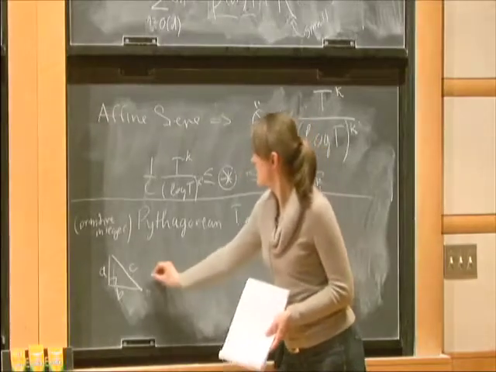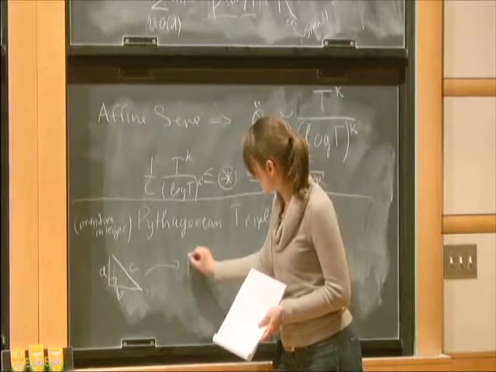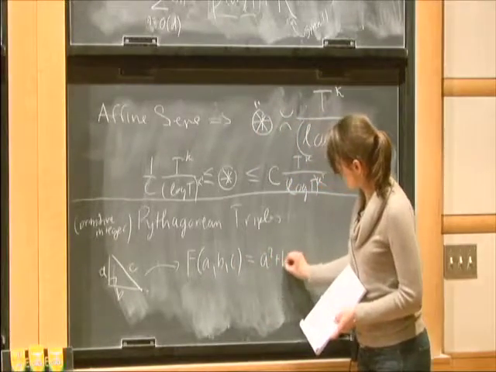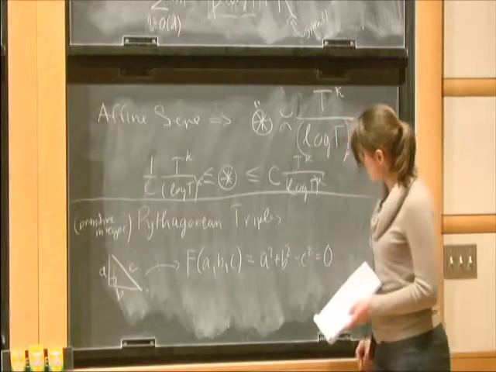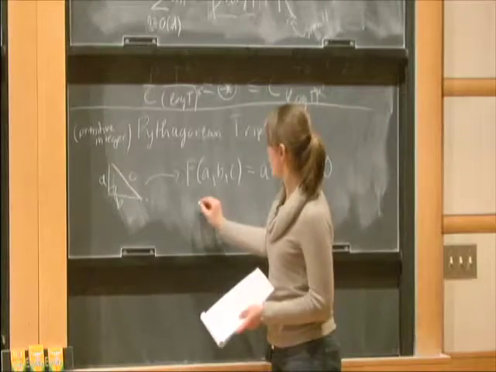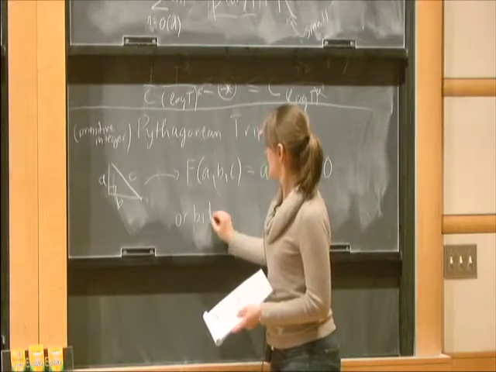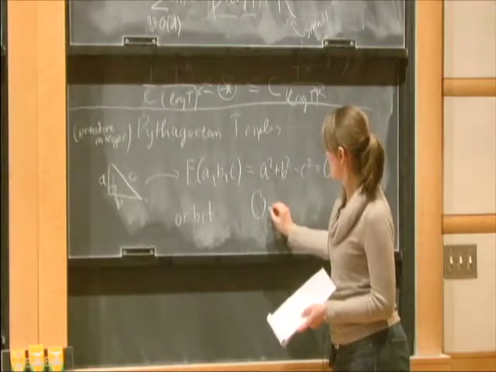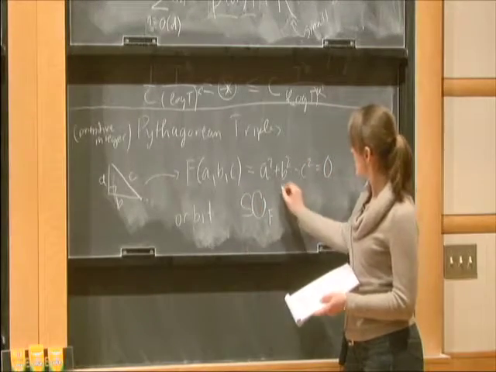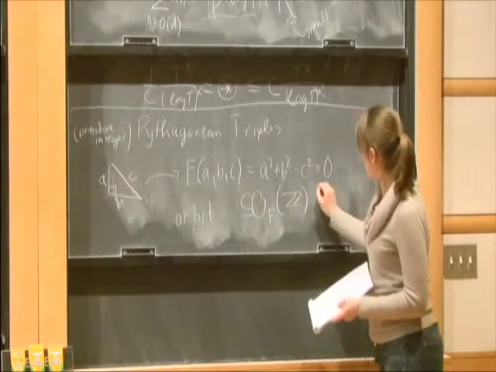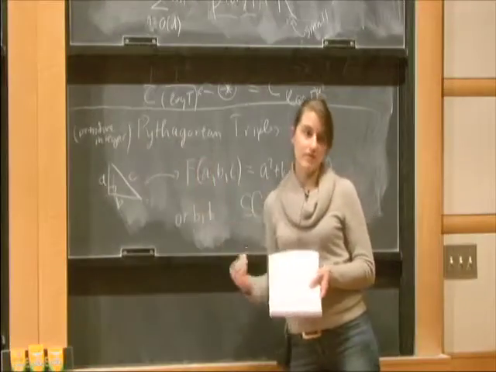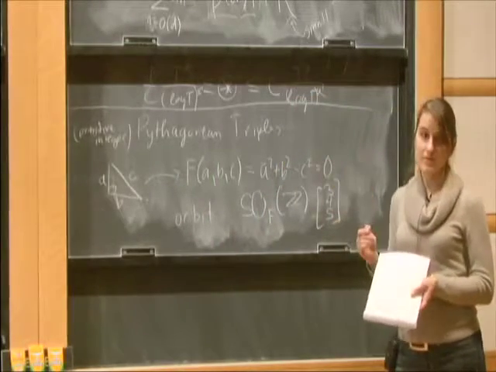Okay, so these A, B, C satisfy an equation, f of A, B, C equals a squared plus b squared minus c squared equals 0. And it turns out that if you look at the orbit of the orthogonal group fixing this quadratic form, actually the special orthogonal group, over Z, acting on your favorite Pythagorean triple 3, 4, 5, you'll get all the primitive integer Pythagorean triples.